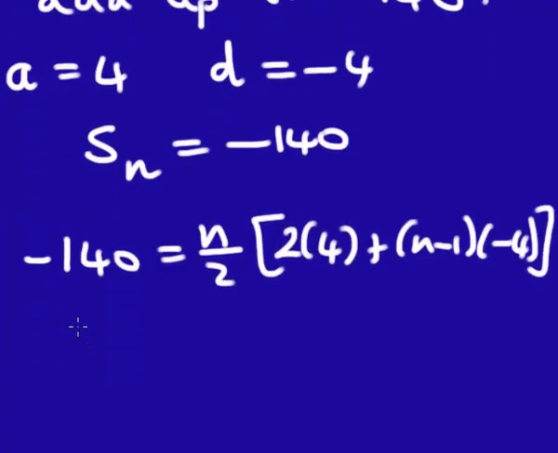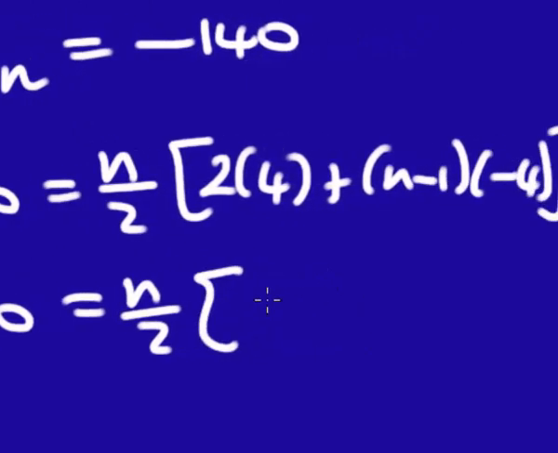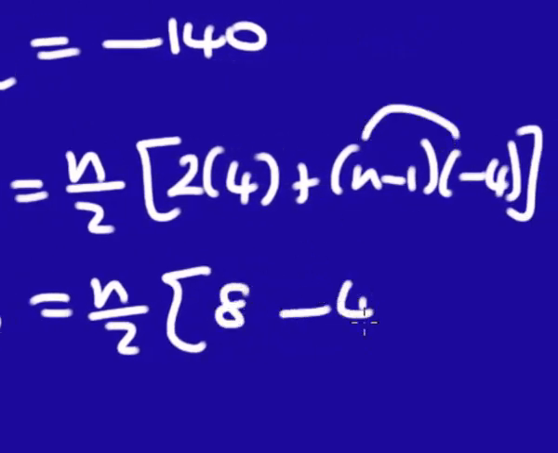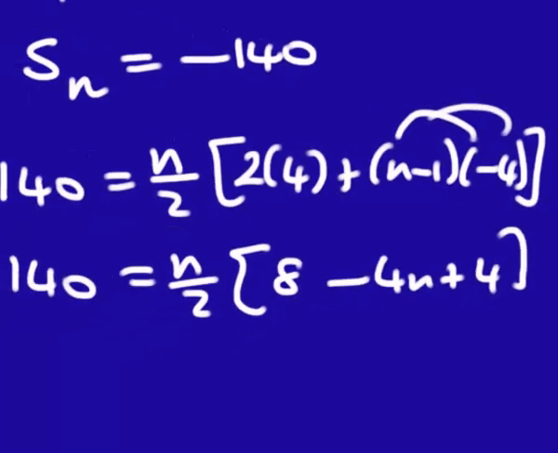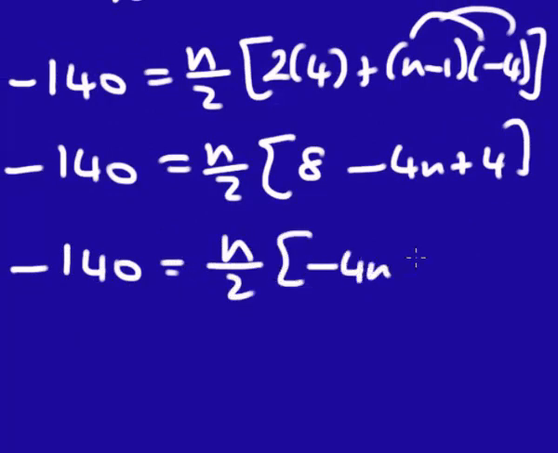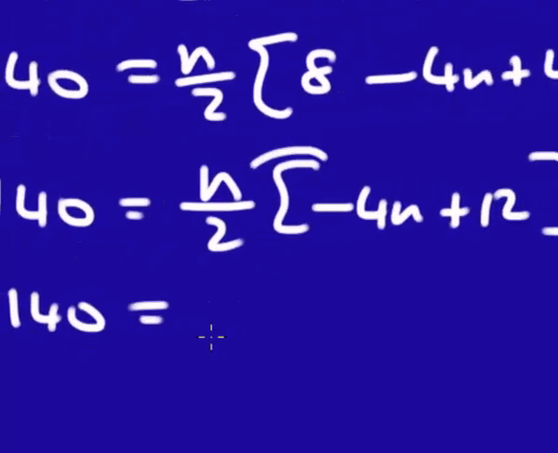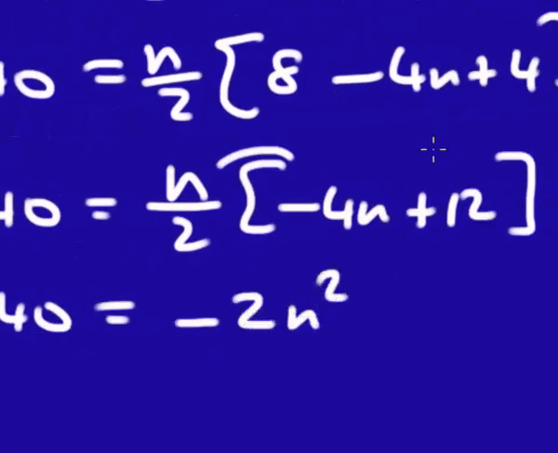So a way that we can approach that is to say, well, okay, let's tidy up in the brackets. So it's negative 140 is n over 2, that's 8 minus 4n plus 4, exactly like we did previously. Okay, so negative 140 is equal to n over 2 into negative 4n plus 12, multiply n, so this gives you negative 2n squared, multiply that in, plus 6n.